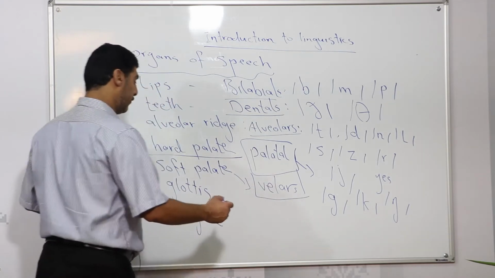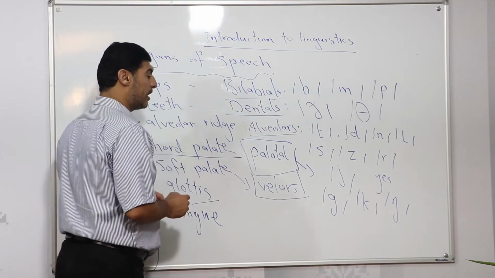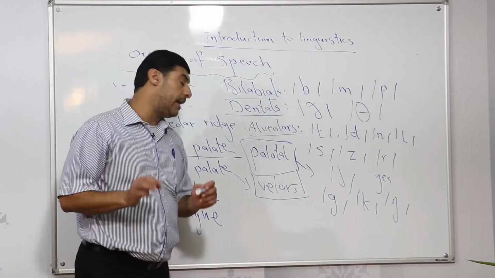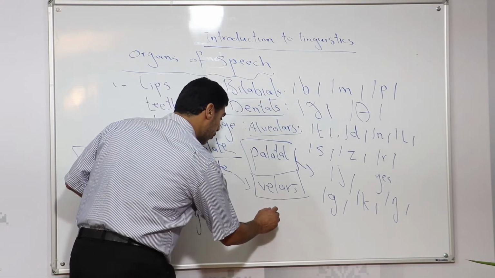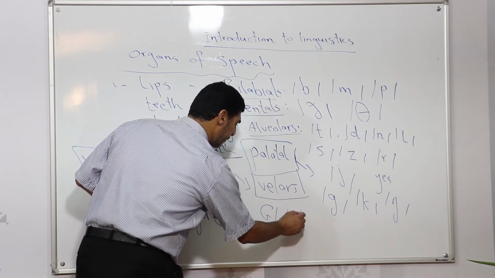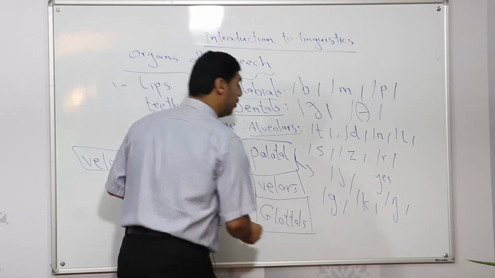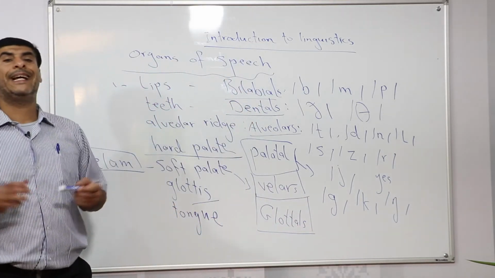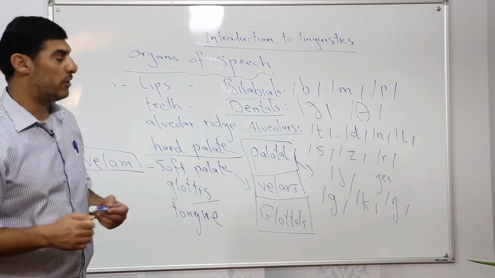And now we move to the last one, which is the glottis. We have actually 2 sounds that are made at the glottis. We call them glottal sounds. So a glottal sound is mainly made at the glottis.